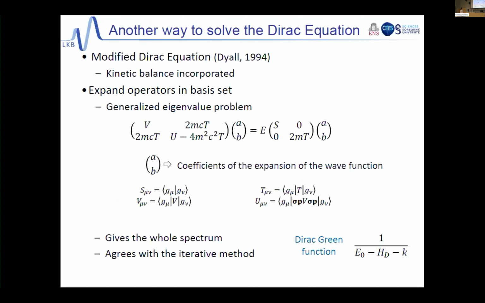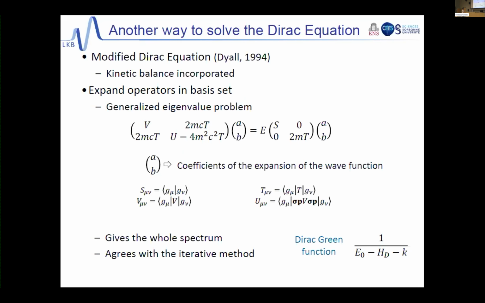And finally, we implemented another way to solve the Dirac equation. We used the modified Dirac equation, which was proposed by Dyall in 1994. So it's the Dirac equation that takes into account the kinetic balance.